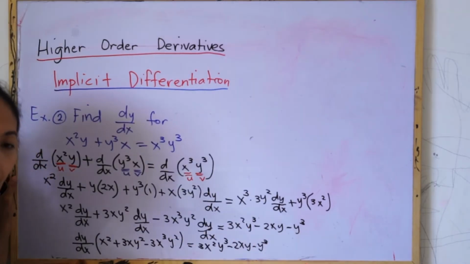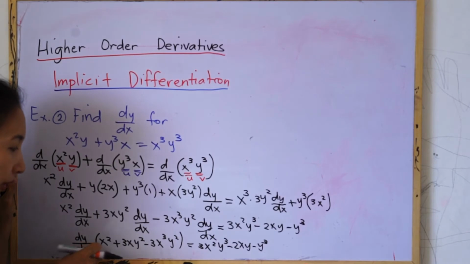And then, last step, we isolate dy over dx, or divide the whole equation by this factor.